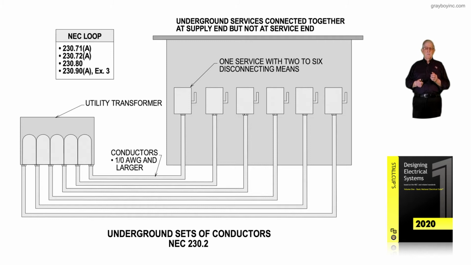If the utility, in conjunction with the electrical ordinance of the state, county, or city, said, no, it doesn't matter who owns those conductors, they would have to be 2 foot. So watch out for that if you're an electrical contractor or an electrician.